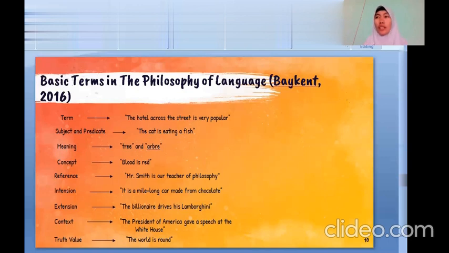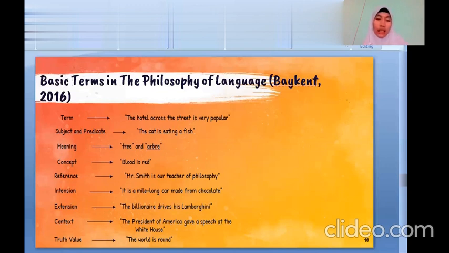Someone made a car from chocolate. For example, an extension is the billionaire drives his Lamborghini. We know that Lamborghini is an actual kind of car, and the car actually exists in the world.